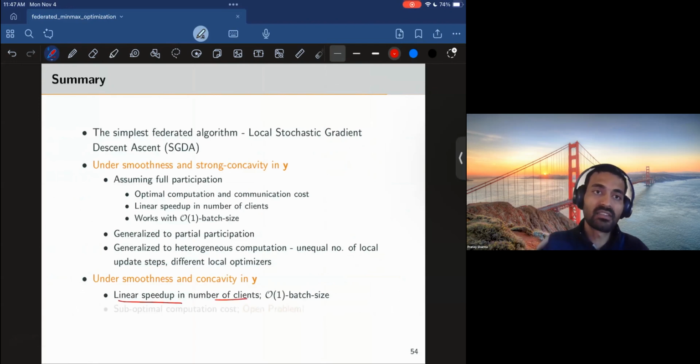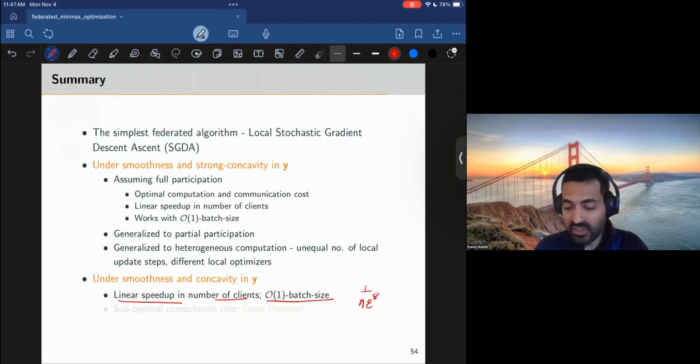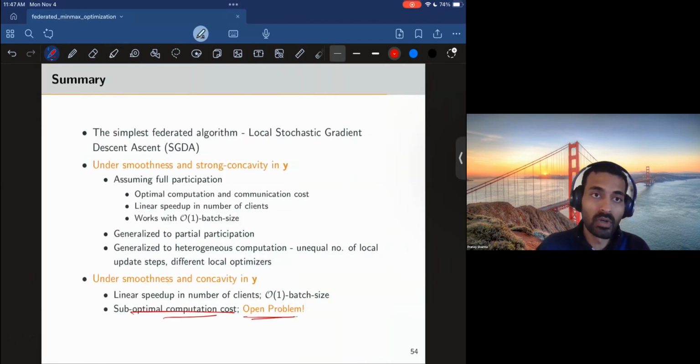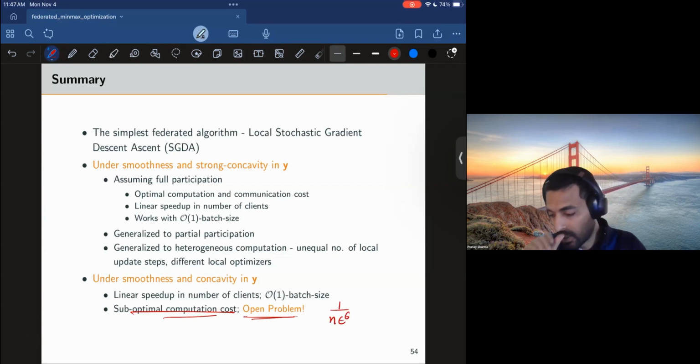As n increases, everyone has to do fewer computations. It worked with a constant batch size, but the computation cost is suboptimal. What is the best achievable is so far an open problem. It has to be either this or something better, but even an algorithm which achieves this is an open question.